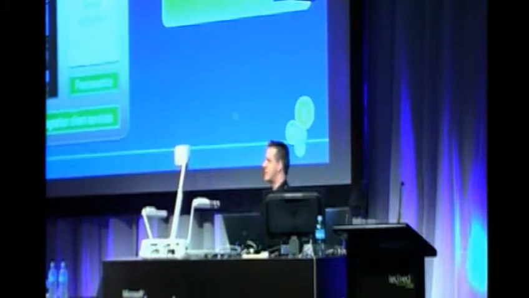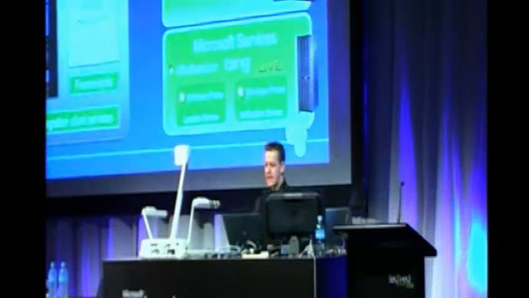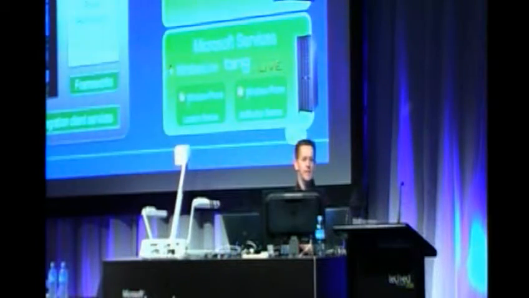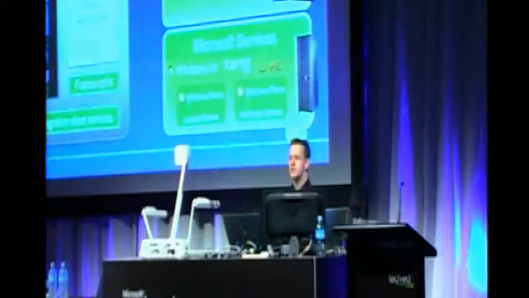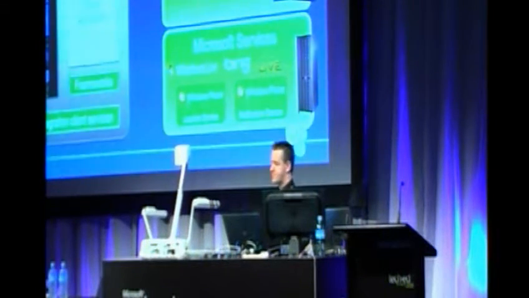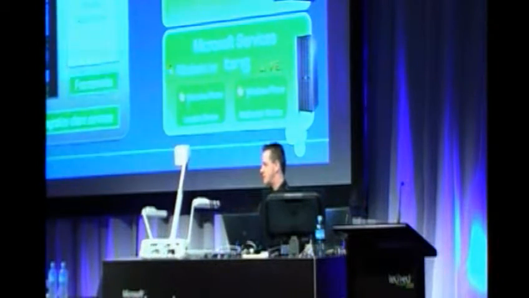There's tons of services out there that you can connect to. And then Microsoft, of course, has a bunch of services too. The ones you might already know about, like Windows Live and Bing and Xbox Live. But there are 2 new ones that we have specifically for the phone. One is the notification service, and one is the location service. I'll talk about them next. But all of these things you can, of course, consume in your application, using SOAP or using REST or using JSON or anything that you actually feel makes sense for you.